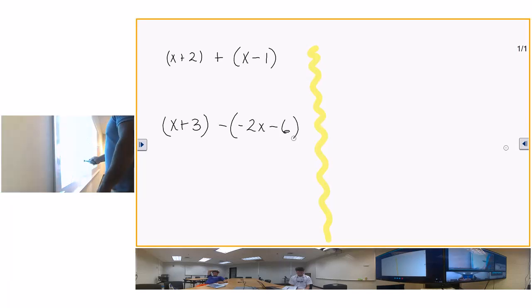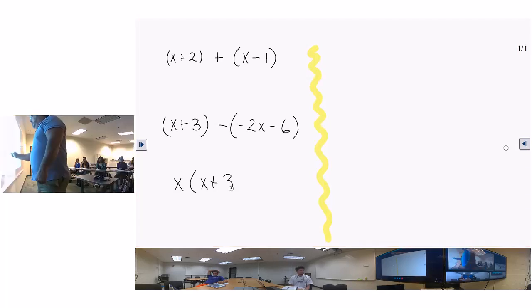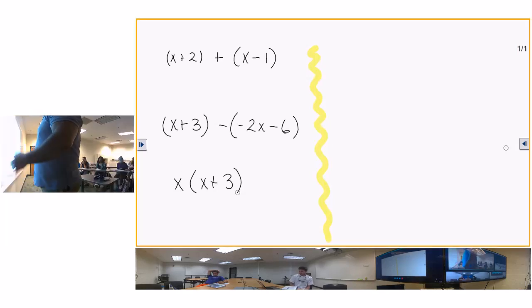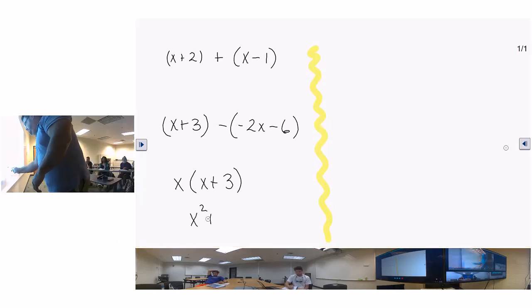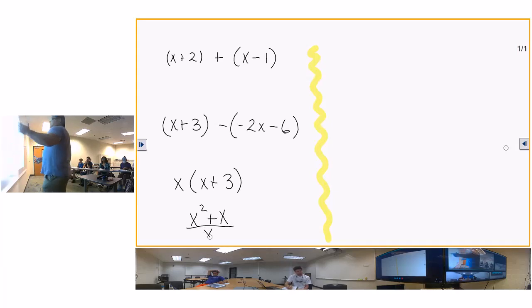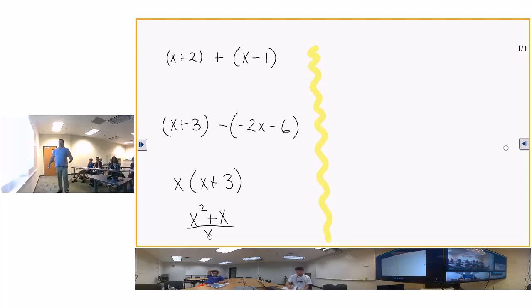And then you were told to take x times x plus 3, and that's multiplication. And then you were told x squared plus x divided by x. All right, so you've got several forms of pre-algebra problems here, and you were told to do these, and this is how you did them.